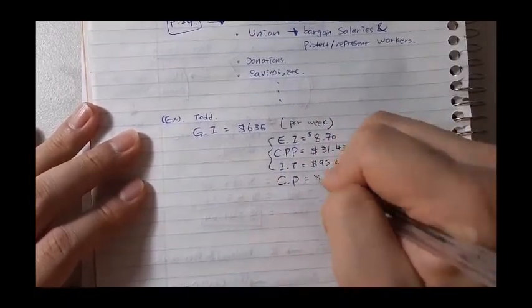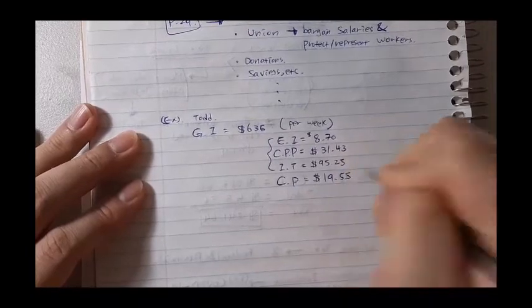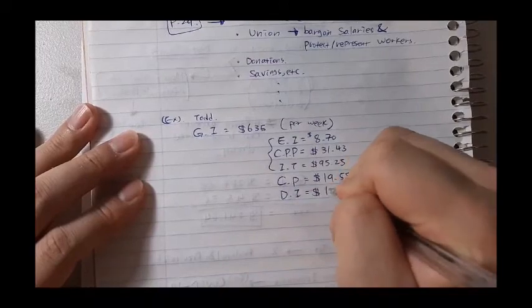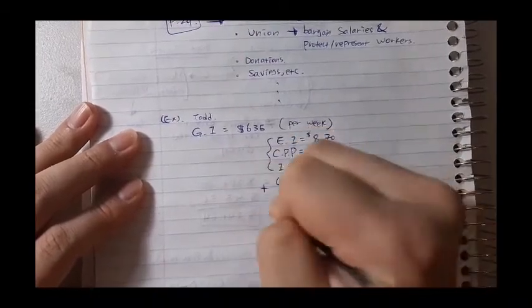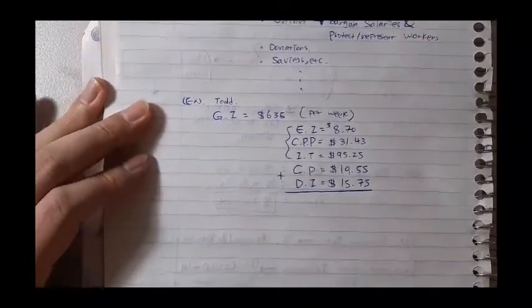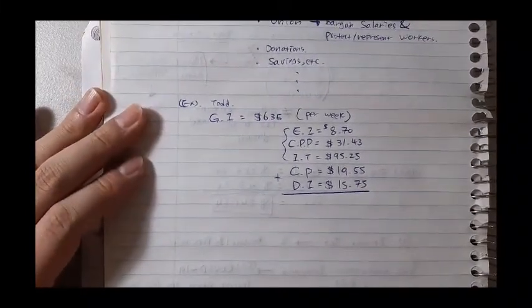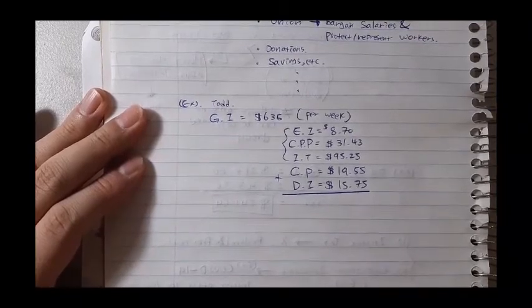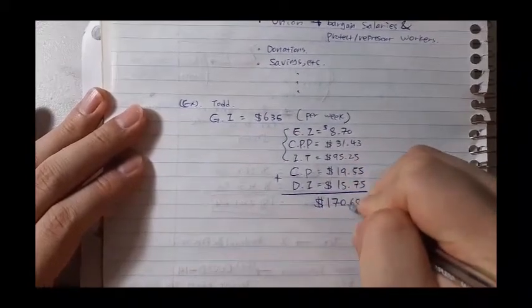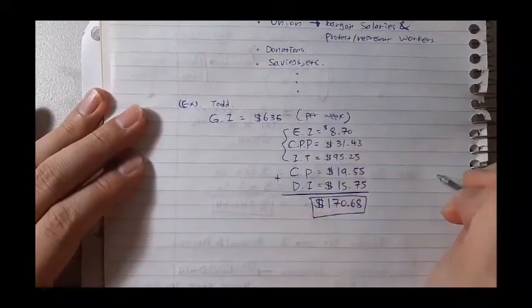Company pension, $19.55. And disability insurance, which is $15.75. If you want to find the net income, it is important to add every single deductible amount. So 8.70 plus 31.43 plus 95.25 plus 19.55 plus 15.75 gives me $170.68.